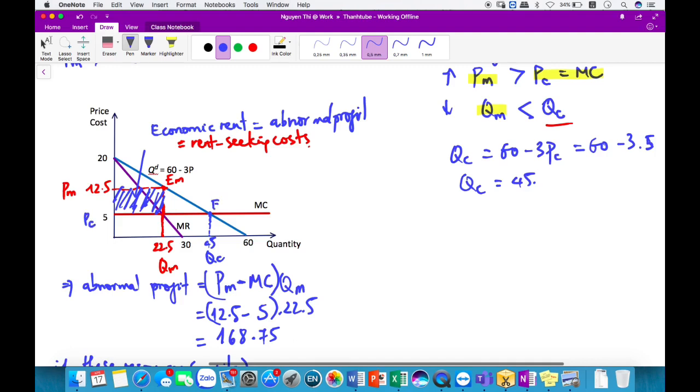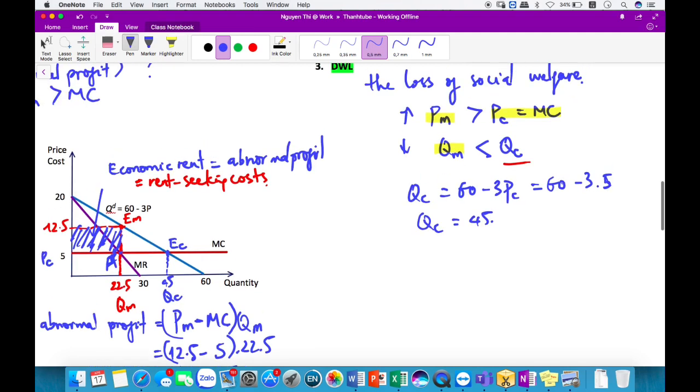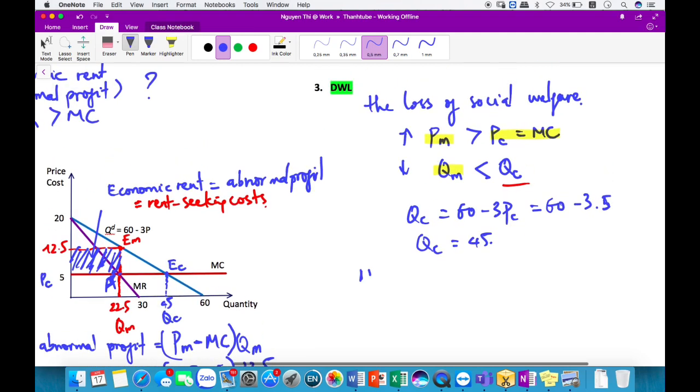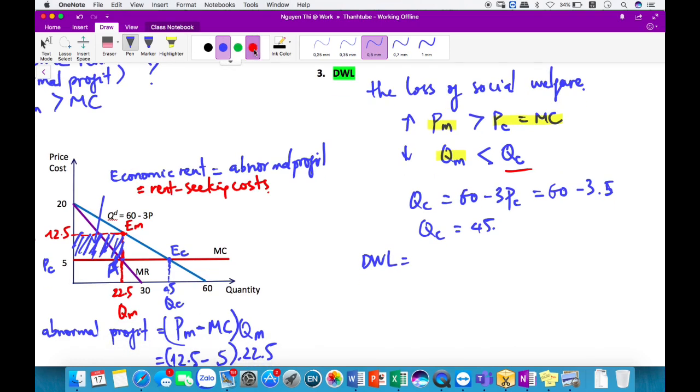This we call the equilibrium under competition, and we call this intersection A. Then the deadweight loss will be measured by this triangle. This is the deadweight loss.